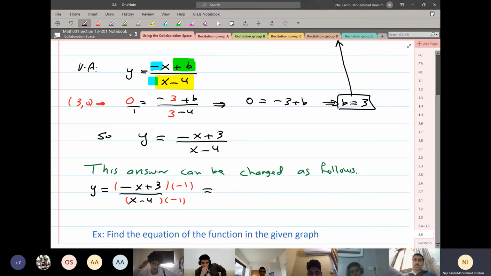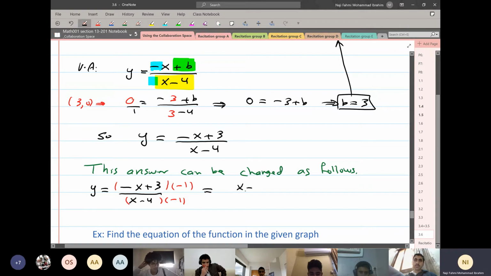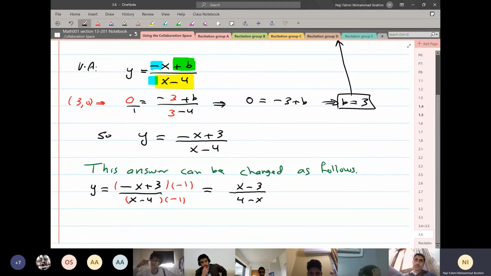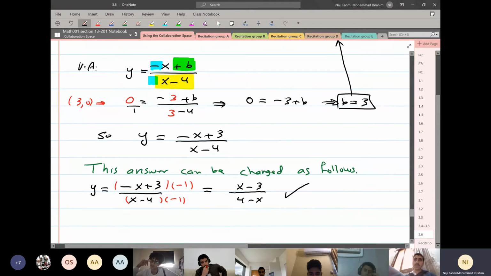If I multiply by -1, what do I get? X minus 3 over what? Can I write -x plus 4 in this form? Yes. So is this answer accepted? This is accepted. So both of these answers are correct. Or he can also multiply by any real number.